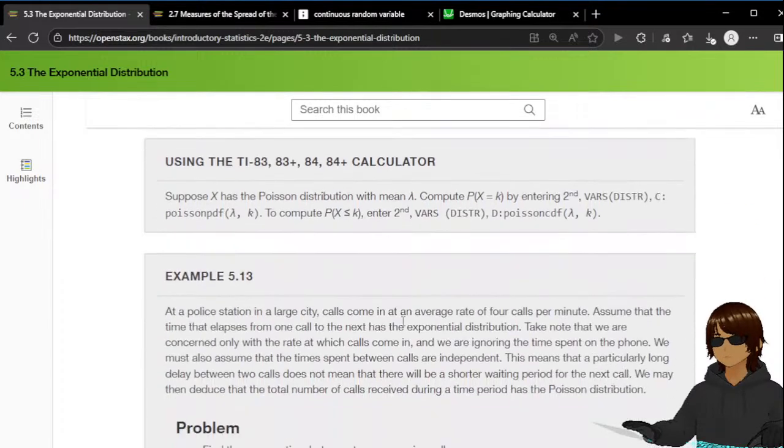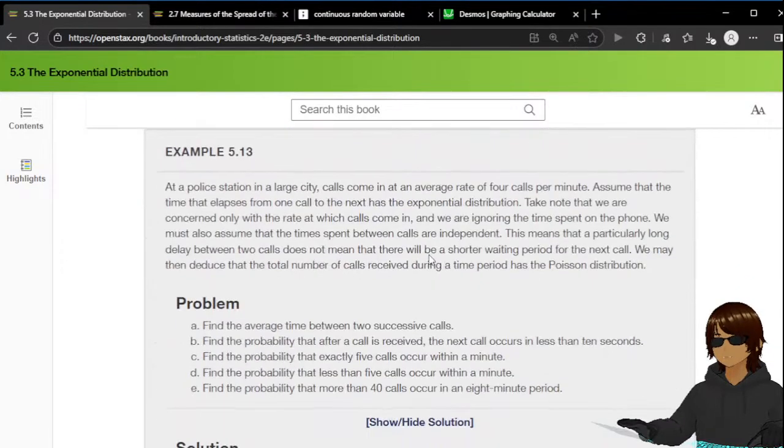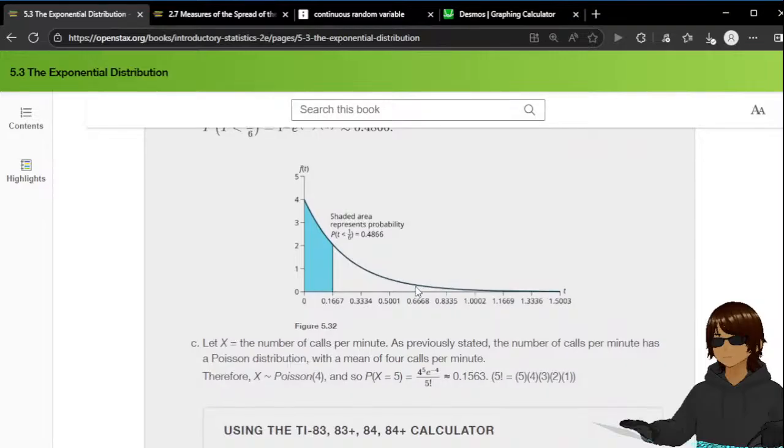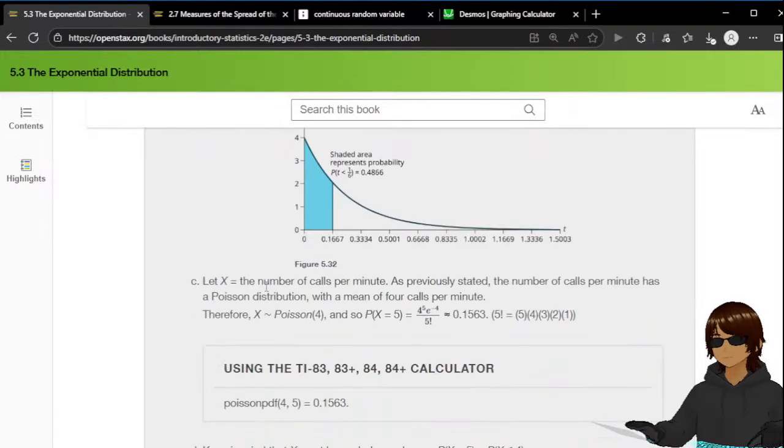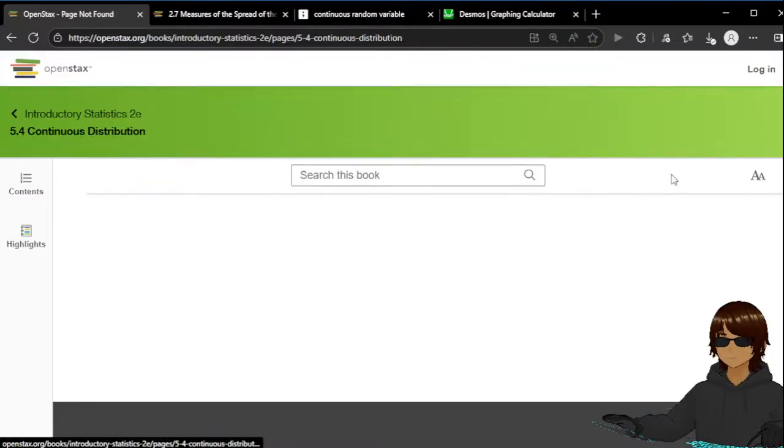And then lambda we know is 4 calls per minute. So we can plug in 4 and 5, right? Yeah, we can just plug in 4 and 5. We'll just go to the next chapter now.